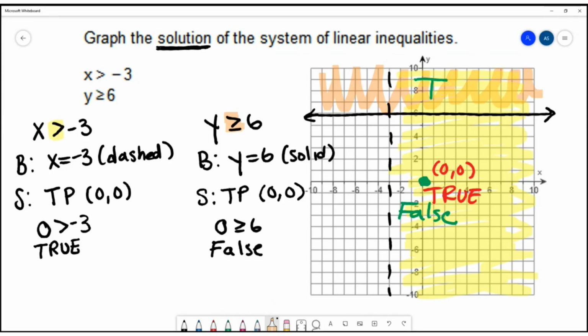Now, when you guys do this in my math lab, you're only going to select this region right here that's shaded in both different colors, because a solution to a system are just ordered pairs that are solutions to both inequalities. So you're only going to select this one region here that they have in common.